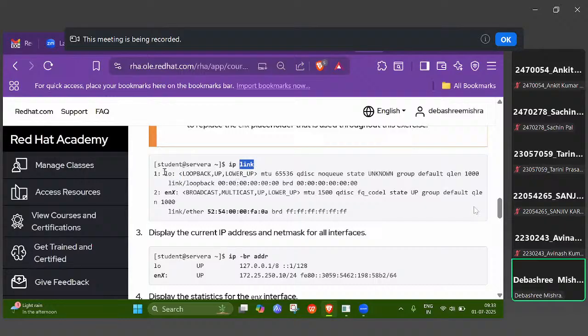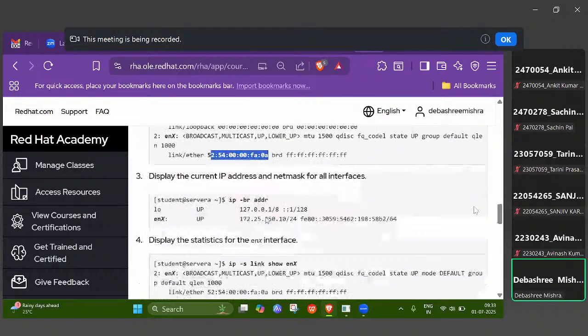It will show you what the connected links are, and the broadcast address, multicast, Ethernet address, everything will be there. Like the broadcast address is this one, the Ethernet address is this one. And if you want to check your current IP address and the netmask of the interface, you will use this particular command, that is ip addr.